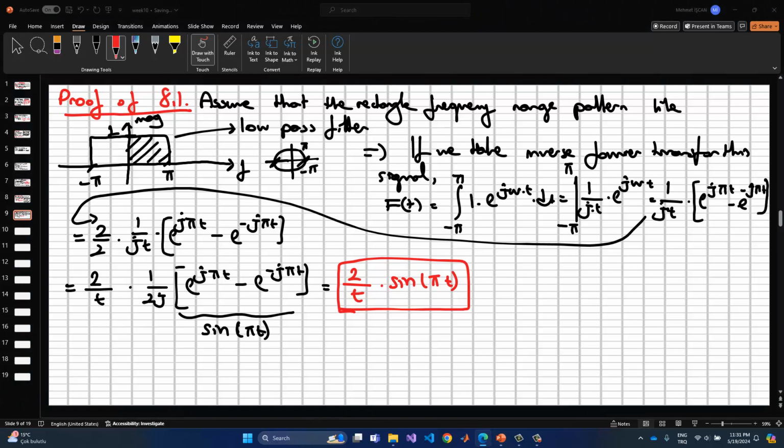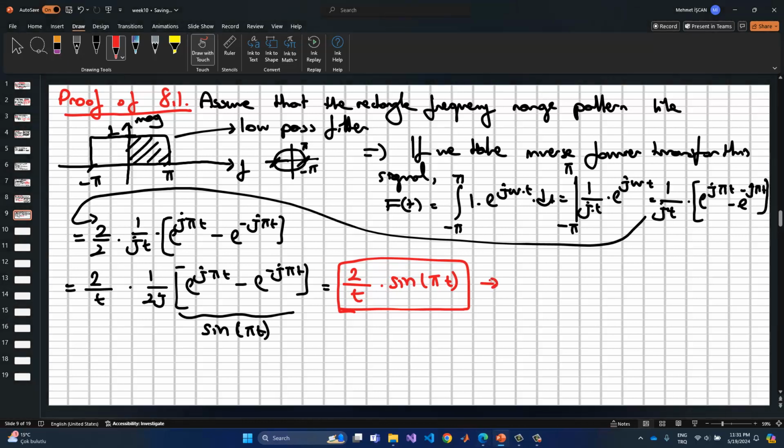If we only have half of the band here, this formula gives sin(pi t) divided by t.